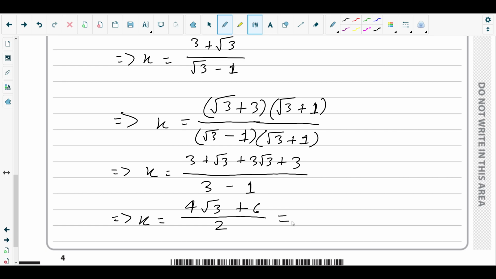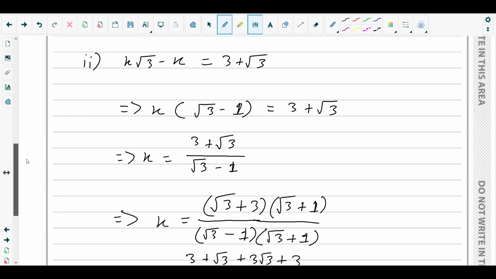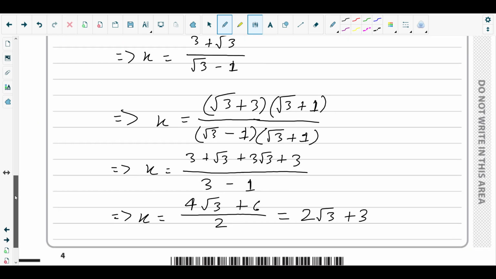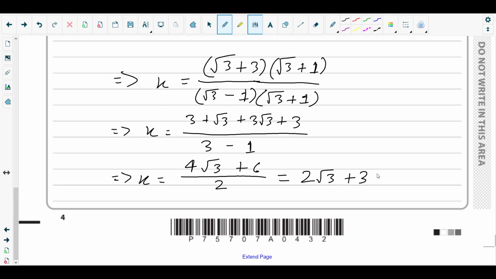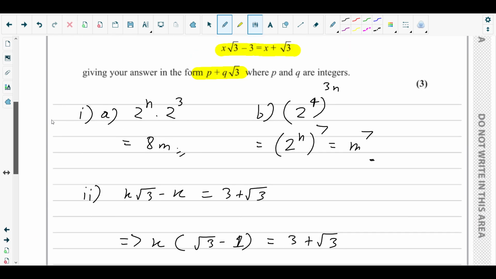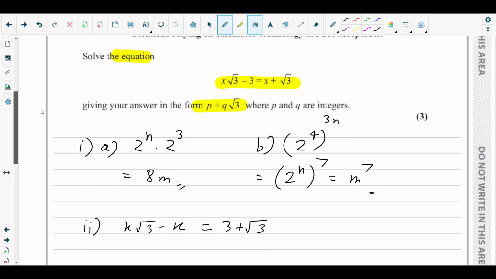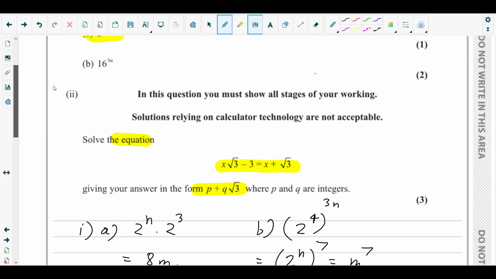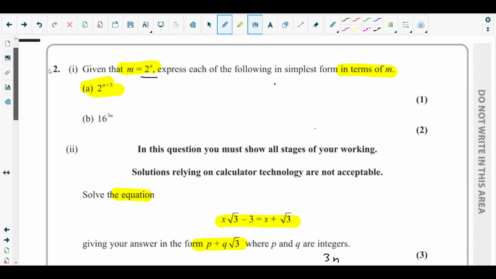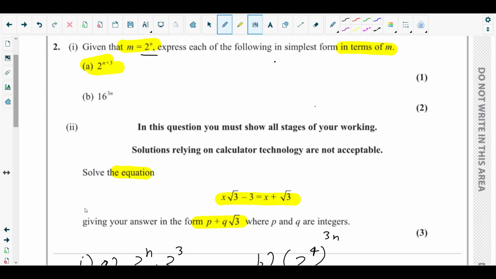So the value of x is 2 square root of 3 plus 3. In the form p plus q square root of 3, p is 3 and q is 2. That's it, done. This was all about part 2 of question number 2 from the P1 May 2024 paper.